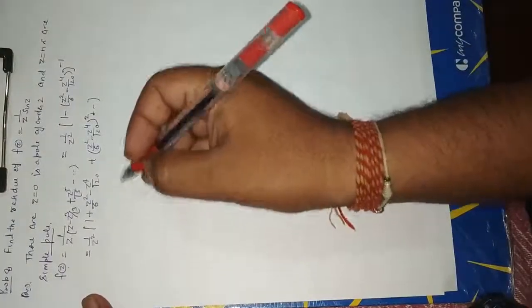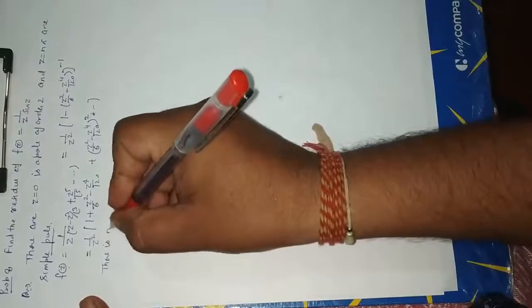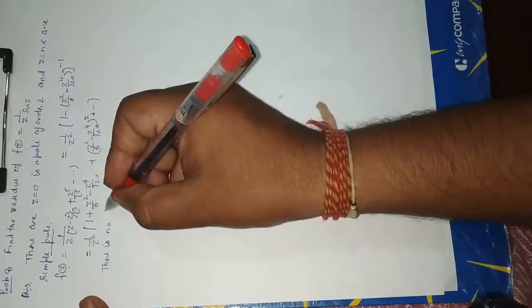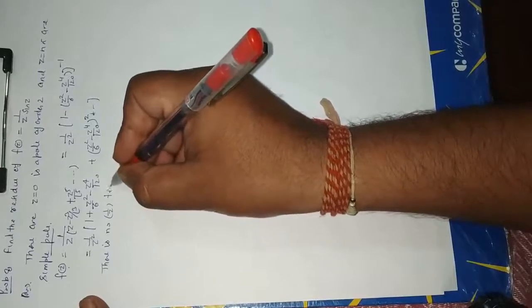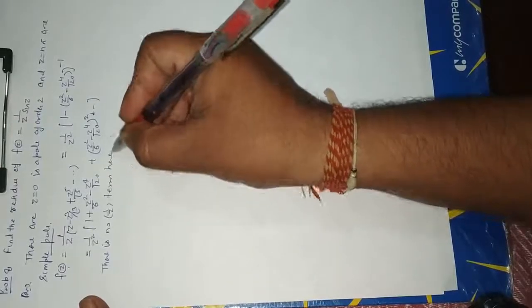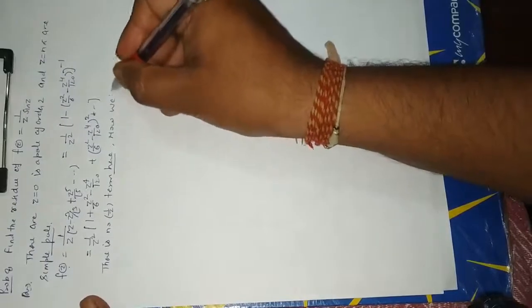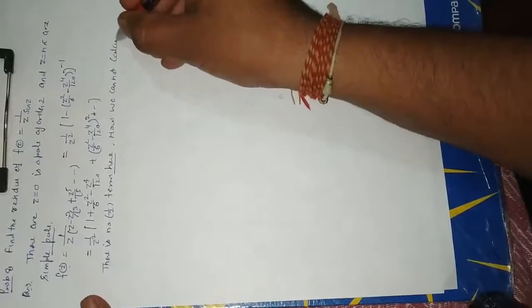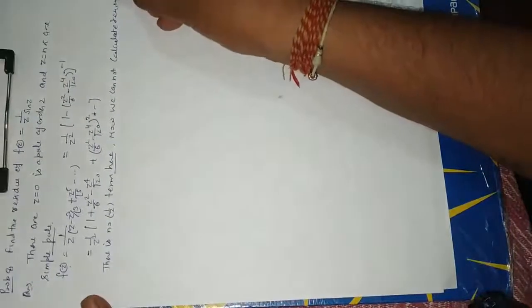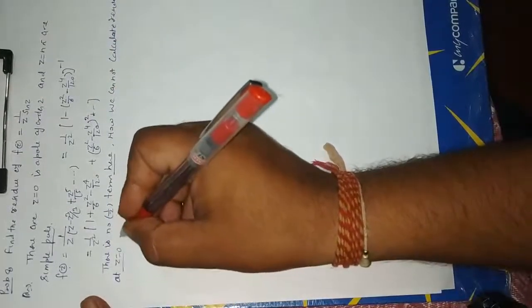Okay, there is no 1 upon z terms here. Now we cannot calculate residue at z is equal to 0 here.